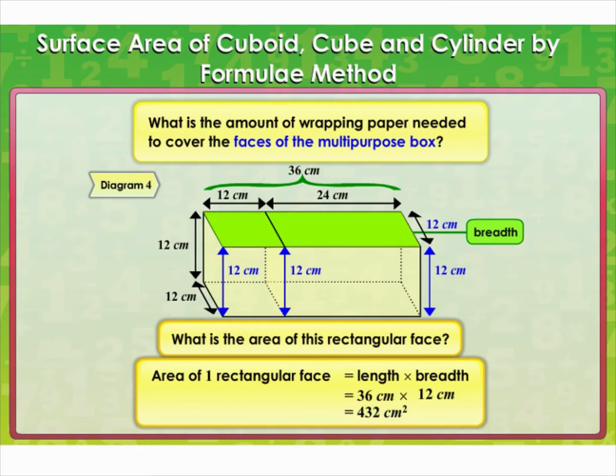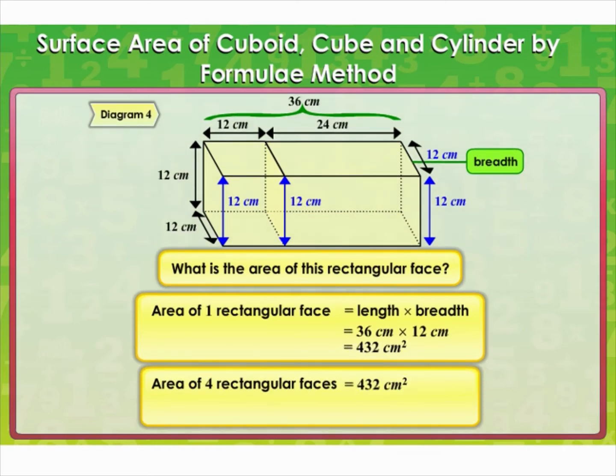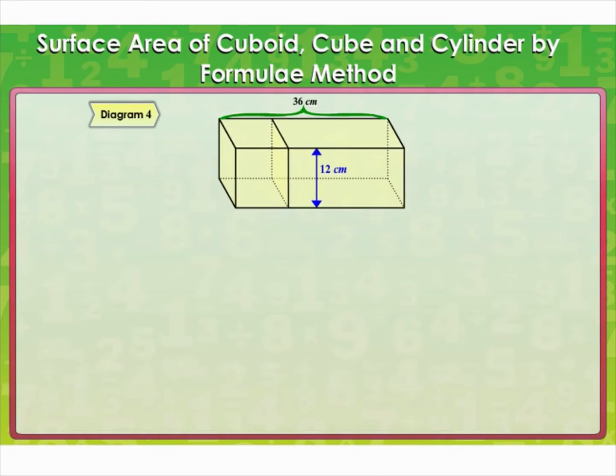How many rectangular faces does the shape have? It has 4 rectangular faces. So multiply 432 square centimeters by 4. That equals 1728 square centimeters. What about these 2 square faces?